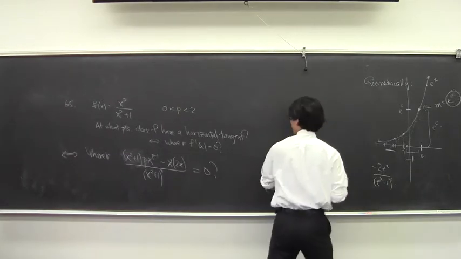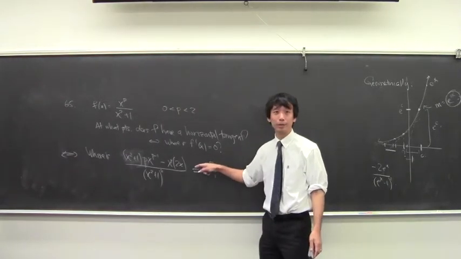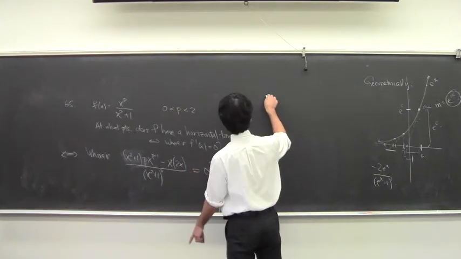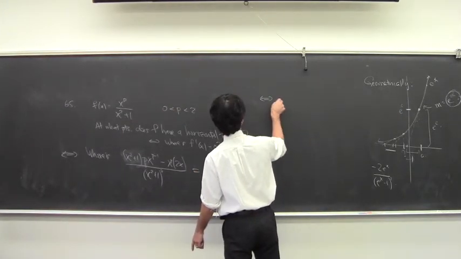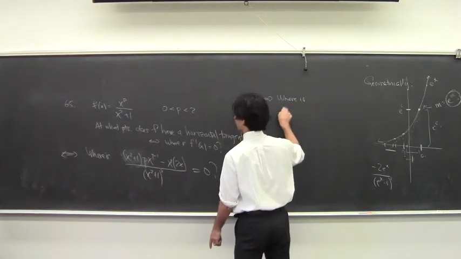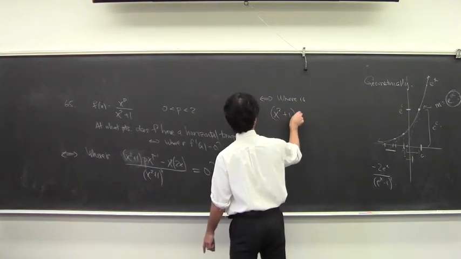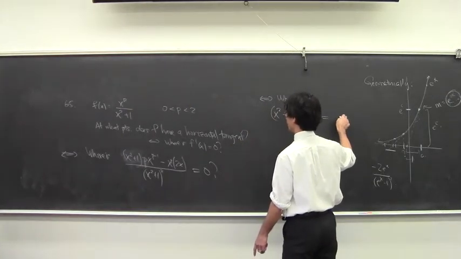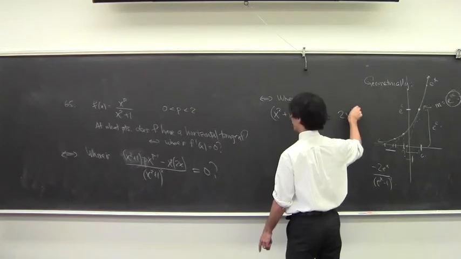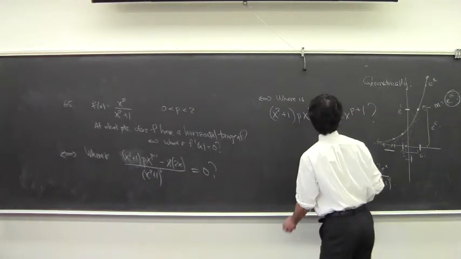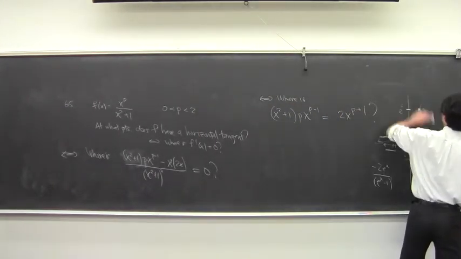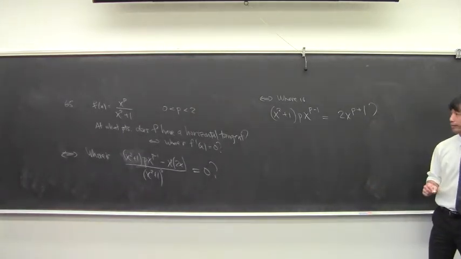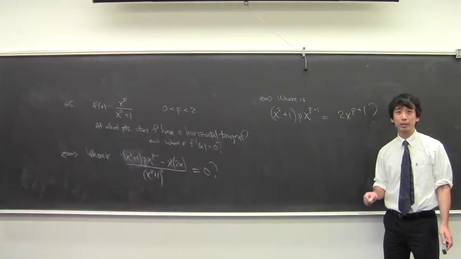Well, that thing's going to be equal to 0 wherever the top is equal to 0, right? We don't have to worry about the bottom. So the question turns into, where is x squared plus 1 times p x to the p minus 1 equal to 2x to the p plus 1? Where is the numerator equal to 0? So I set the top equal to 0.